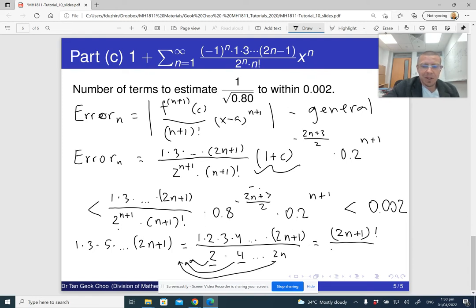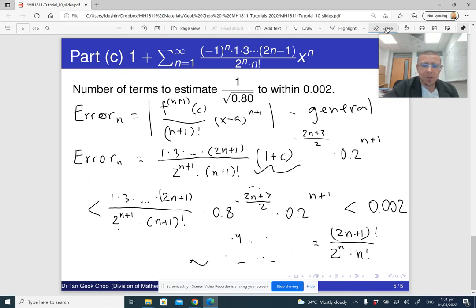By doing this you will get n copies of the number 2, and then a product of numbers from 1 to n, which is just n factorial. So my point is that we can replace the product of odd numbers in the numerator here with 2n plus 1 factorial divided by 2 to the n times n factorial. This is just needed so that it's easier to enter into Desmos Calculator.